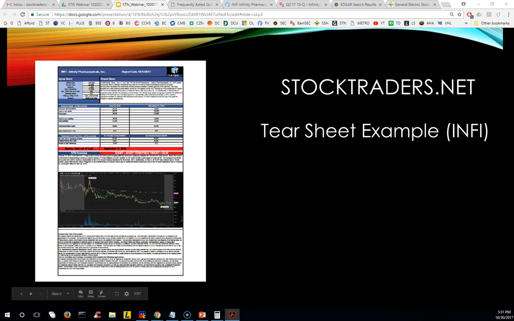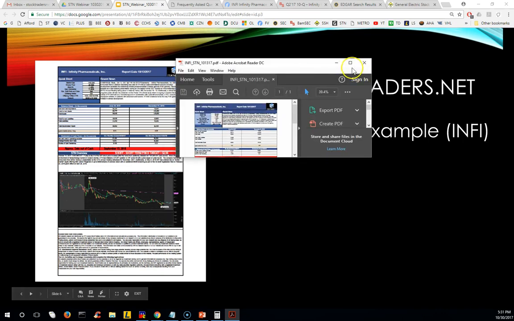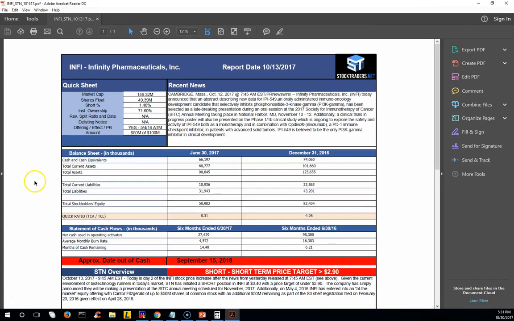And guys, this is information, again, as an example that I'm using for tonight's webinar that we put together at StockTraders.net. So this is the data that we're gathering after hours when we have plenty of time, right? But obviously all of the information that I've captured during the day also feeds into this sheet. I'm sorry about that, guys.